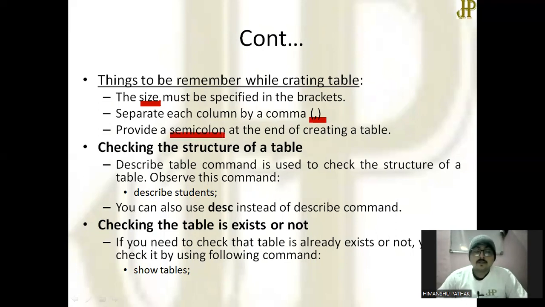Okay. Now I want to check how many tables are created in a particular database. So database is Pathak, and I created only one table, that is student. So if you want to check what are the tables, then the same philosophy as database to show, you want to type show tables.